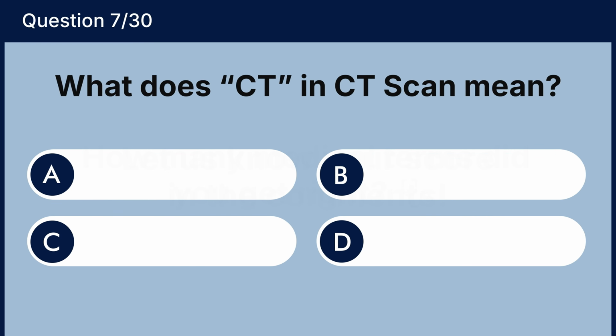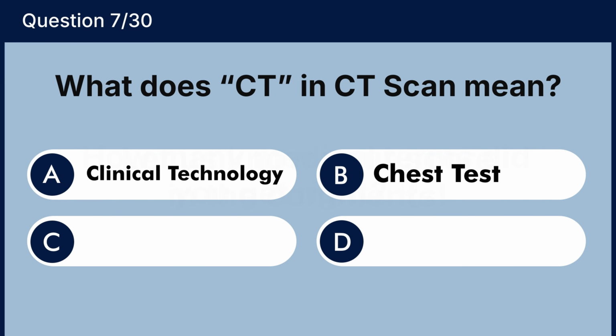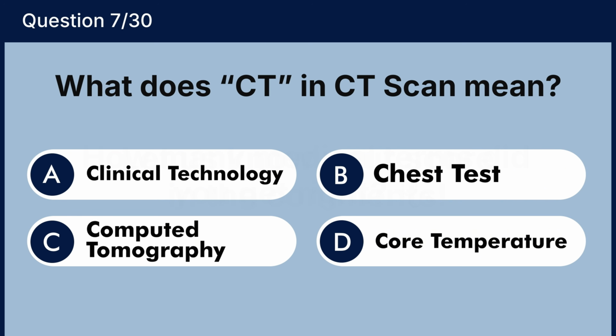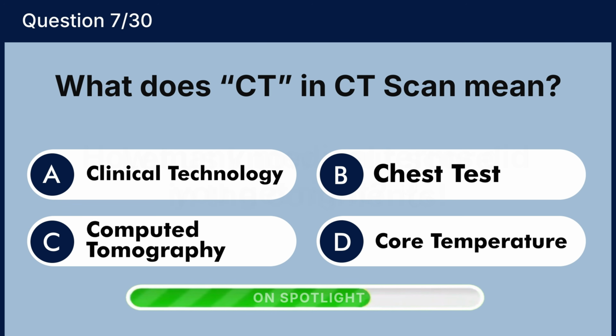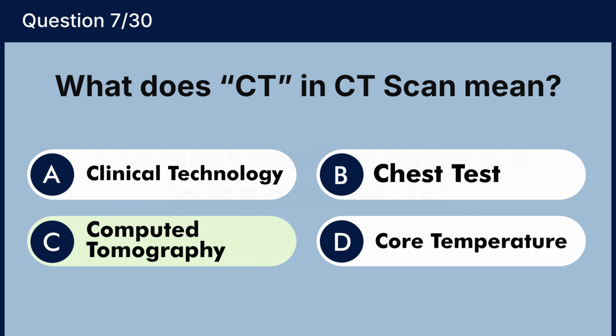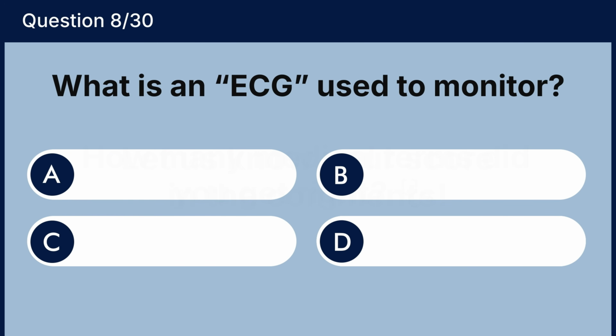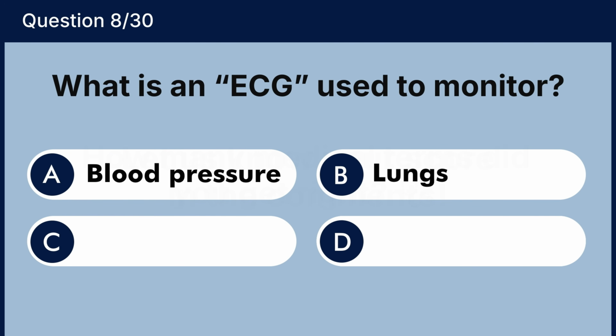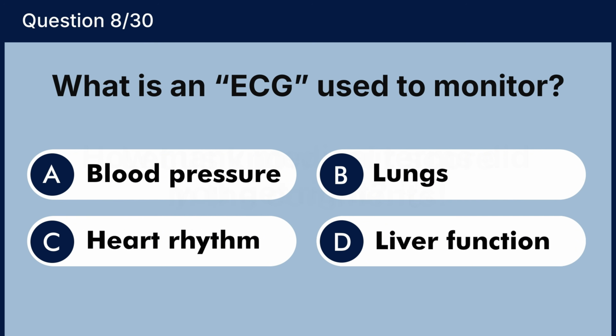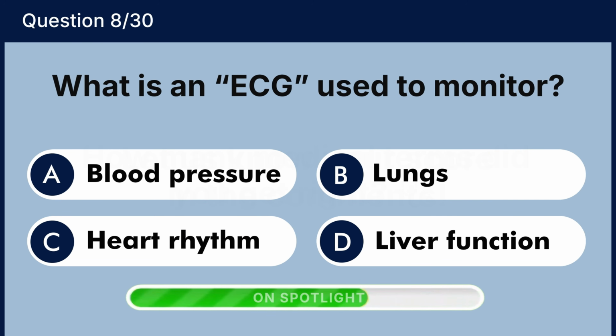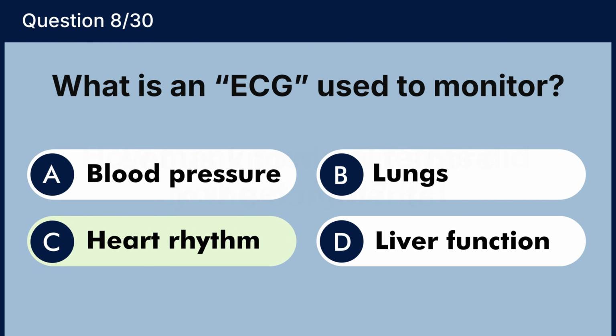What does CT and CT scan mean? Computed tomography. What is an ECG used to monitor? Heart rhythm.